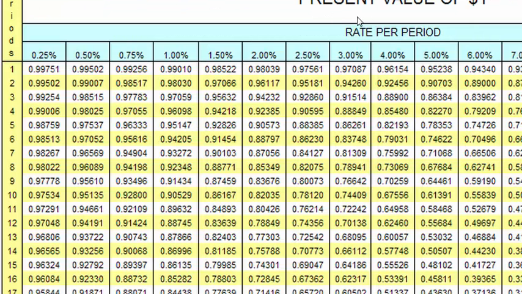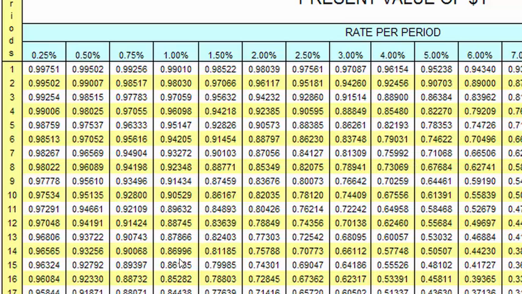So present value of $1, this is the table, and this is the present value lump sum table, and go to period 8 and go to 4%. So 4%, period 8 is 0.73069. Is this the table value? Yes, correct. This is the table value. Okay, right.